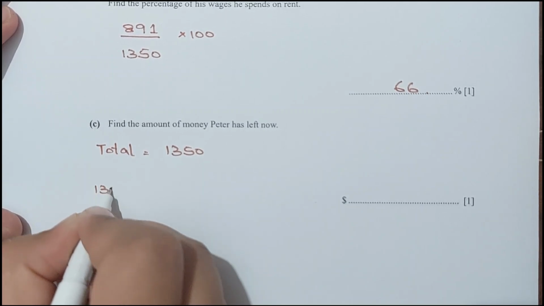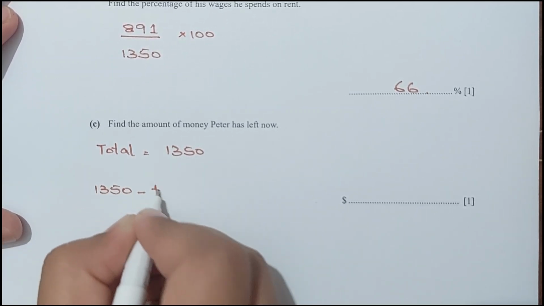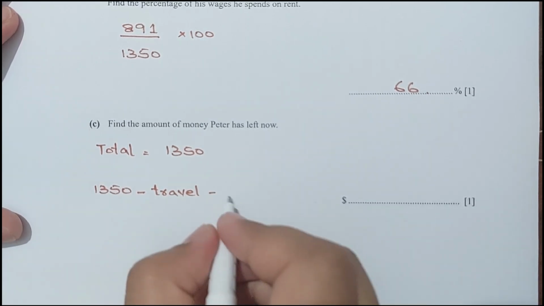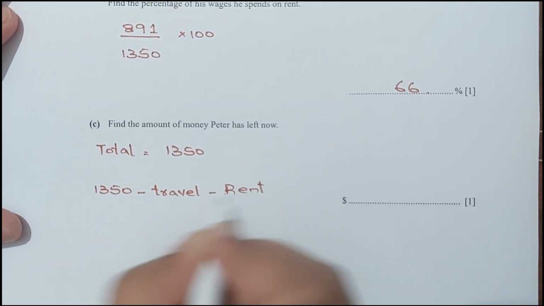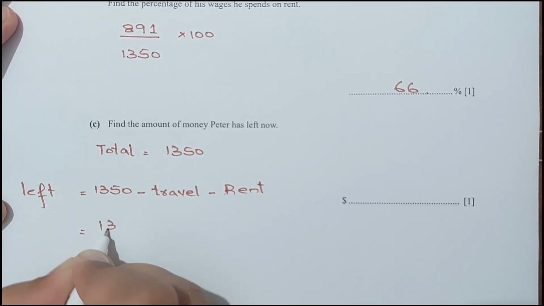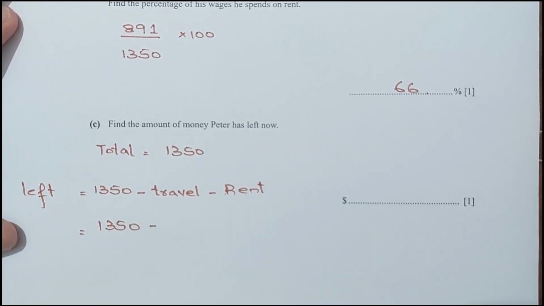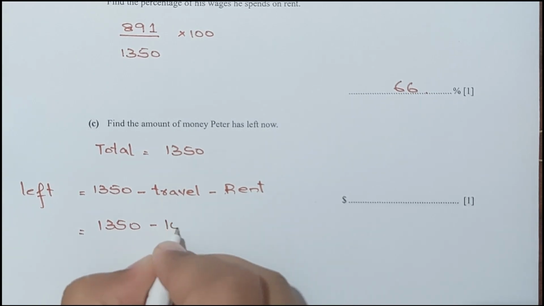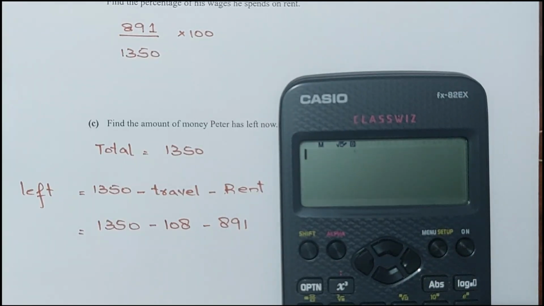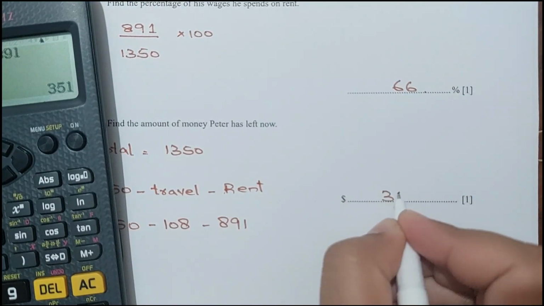From this we subtract what he spent on travel, 108, and what he spent on rent, 891. So 1350 minus 108 minus 891. $351 is left.